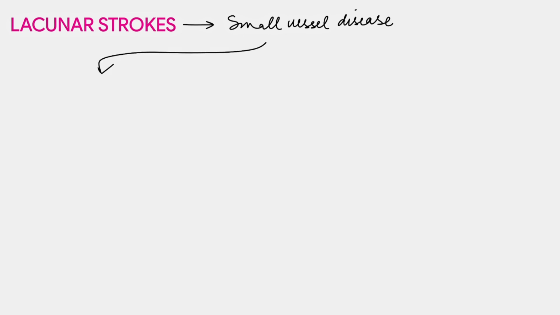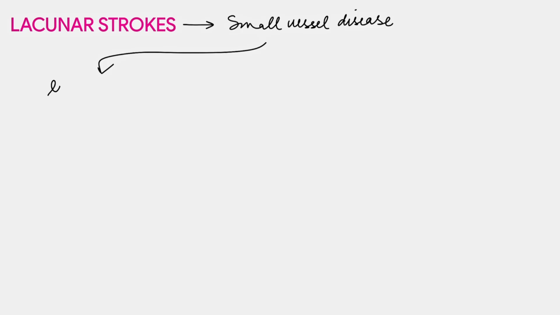Next, what about lacunar stroke? This is where the lenticulostriate arteries, the thalamoperforator arteries, all of these things are. Lacunar stroke is nothing but a small vessel disease. The areas affected are, let's assume, just small arteries, the branches of the major arteries, MCA, ACA, and PCA.